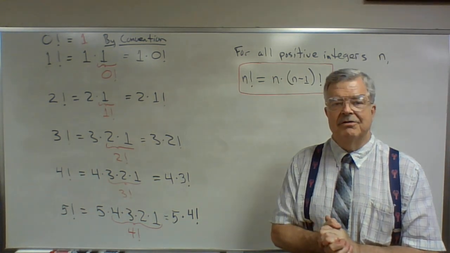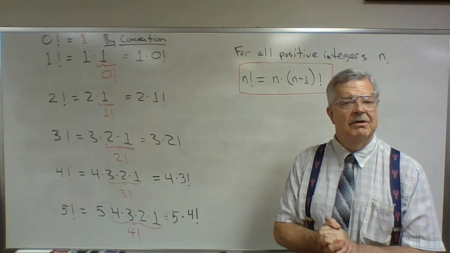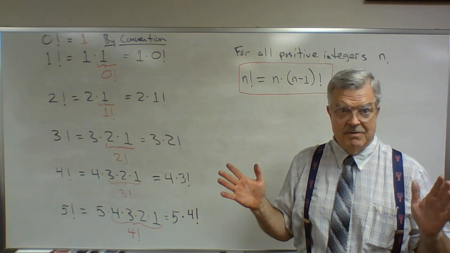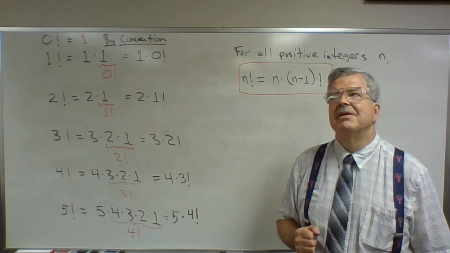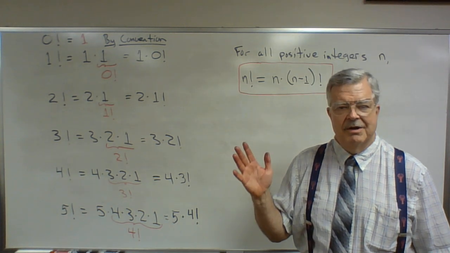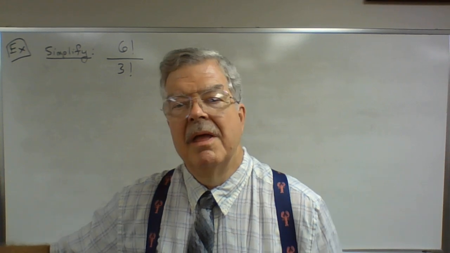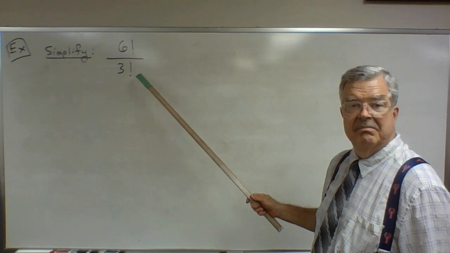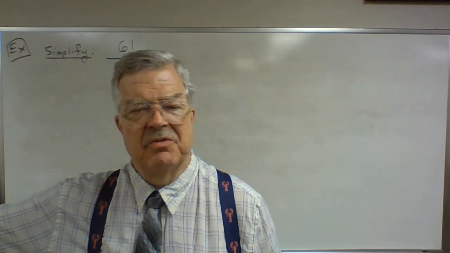So we're going to look at some algebra using factorials. And we're going to look at some things that seem like they ought to work, but they don't. And then we're going to see what does work. Here's something that we're going to try something on.